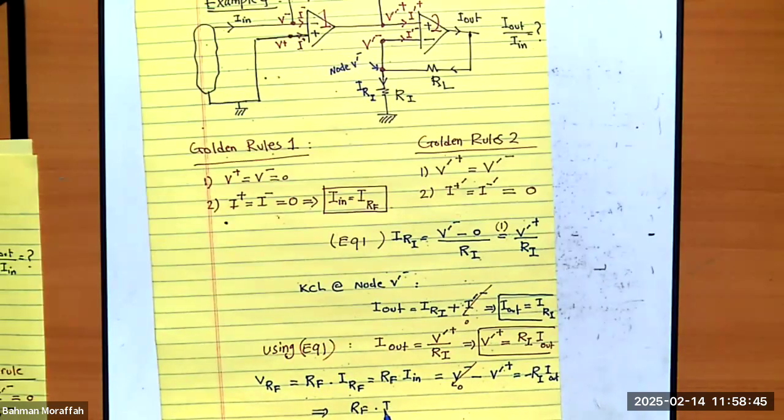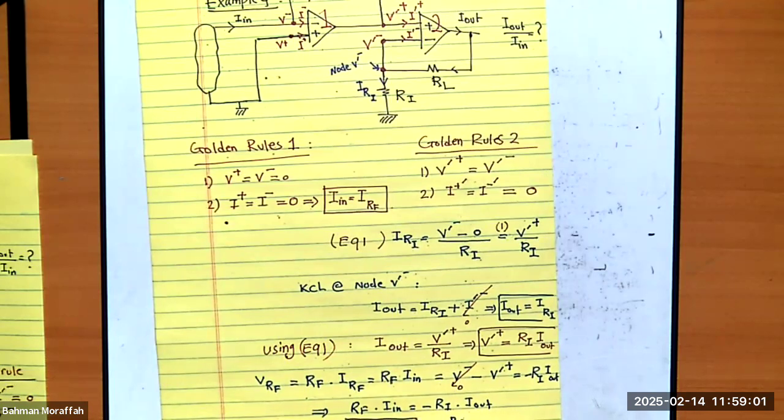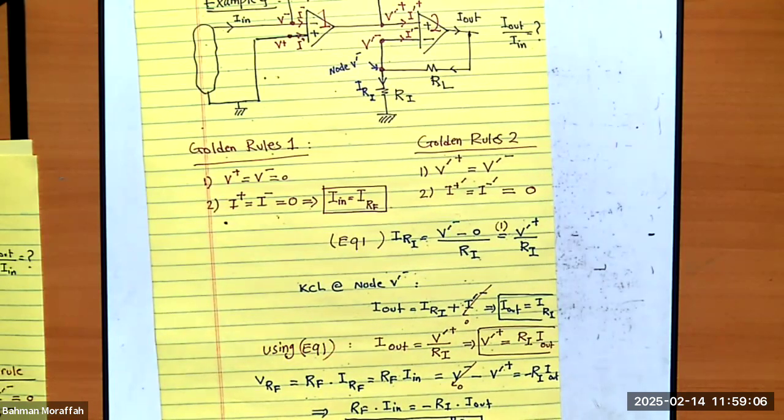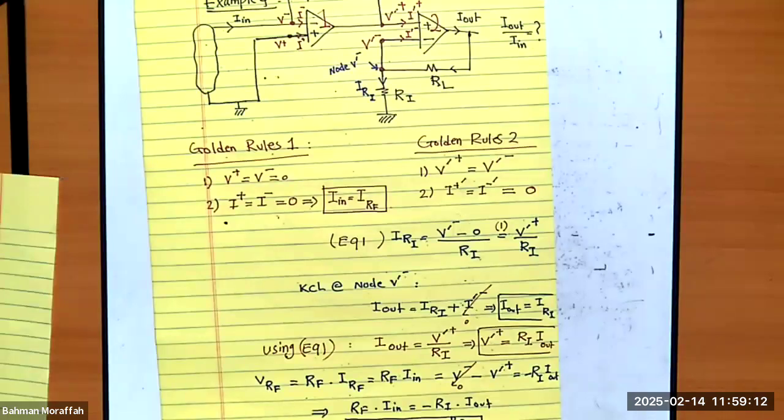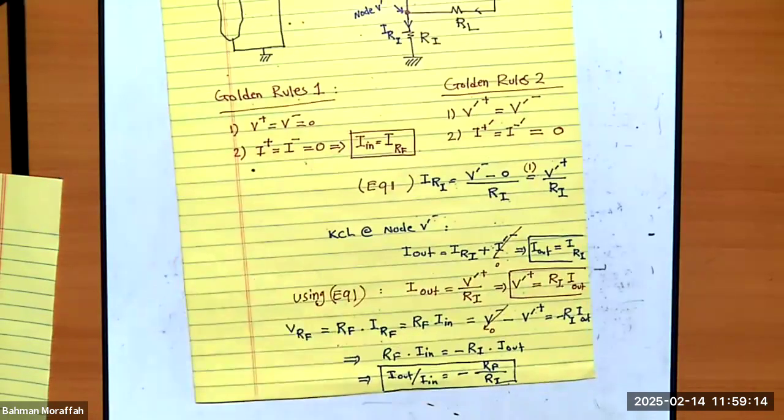RF times IN equals negative Ri times I out. If I want to find the ratio, that is negative RF over Ri. Right? Yes. Sure.